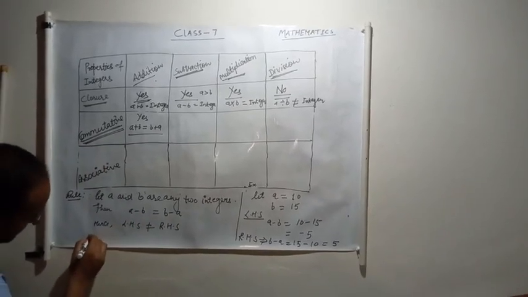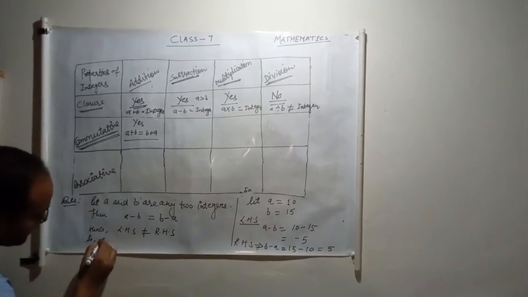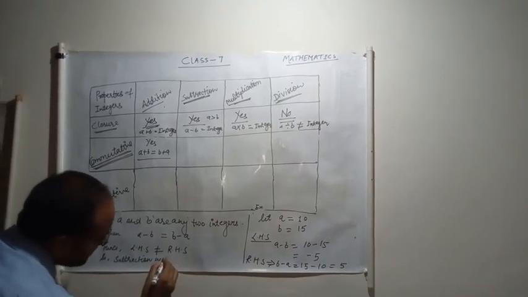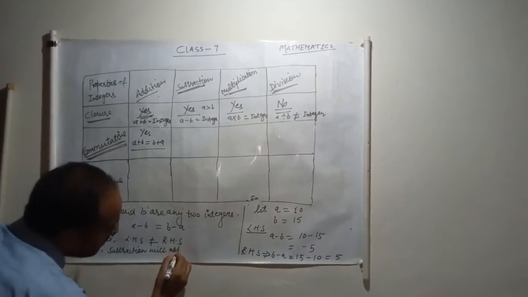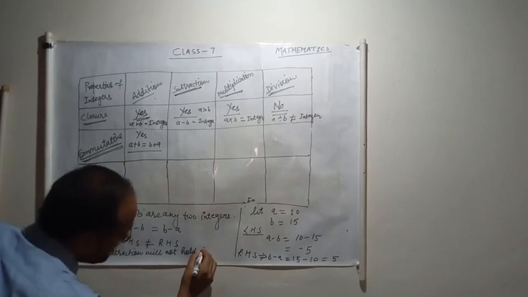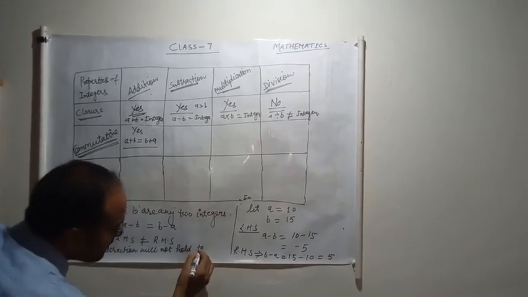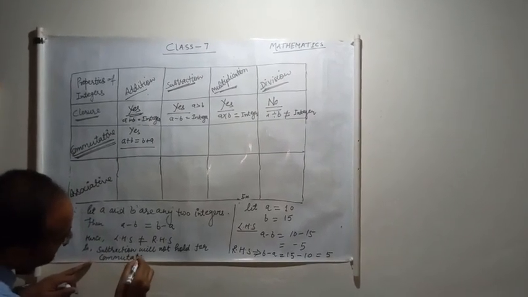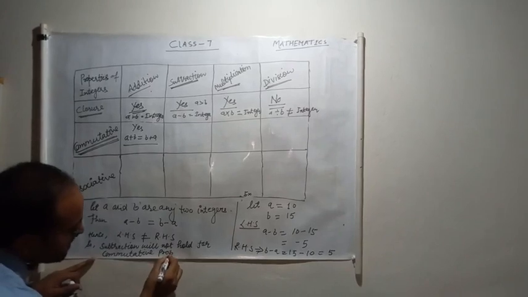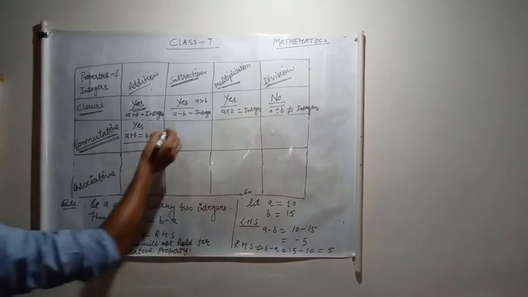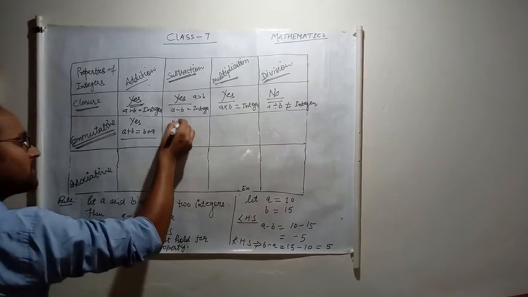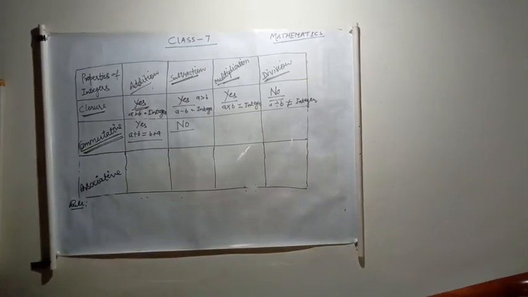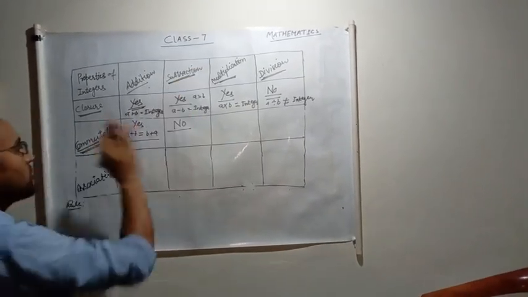It means that subtraction will not hold for commutative property. So here you can write no. Yes students, subtraction will not hold for commutative.